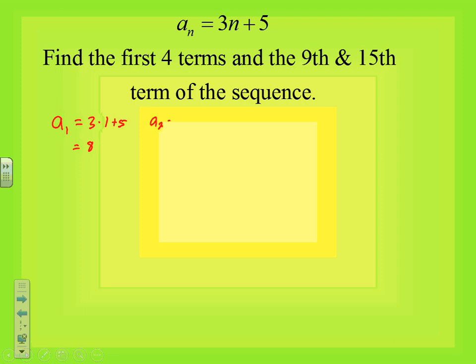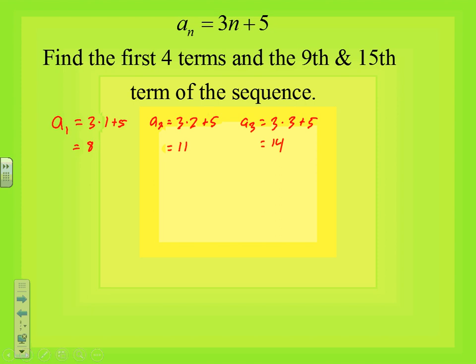A2, or a sub 2, however you want to think of it, we'll say 3 times 2. All you're really doing is substitution to see what the output would be. So 6 plus 5 would be 11. And A3 is going to be 3 times 3 plus 5. And so 9 plus 5 gives me 14.